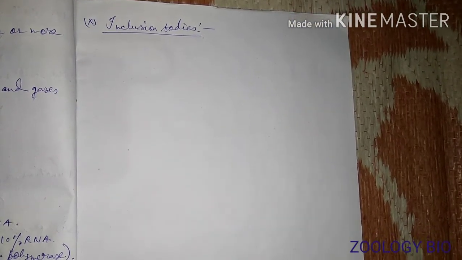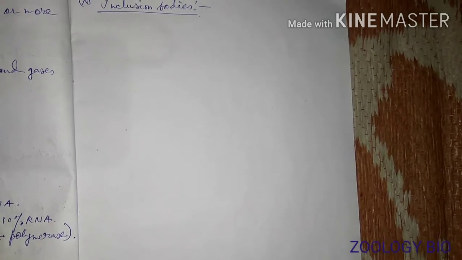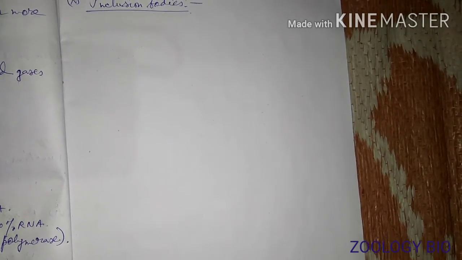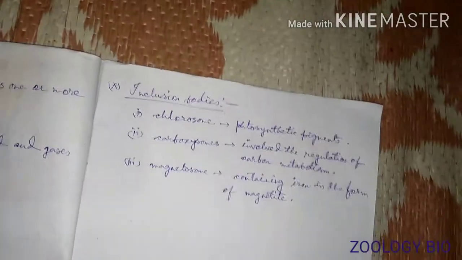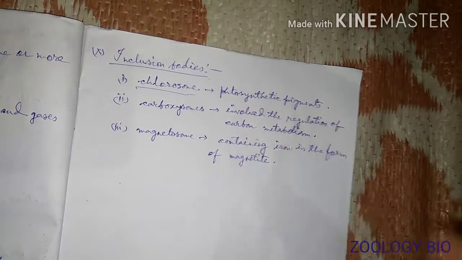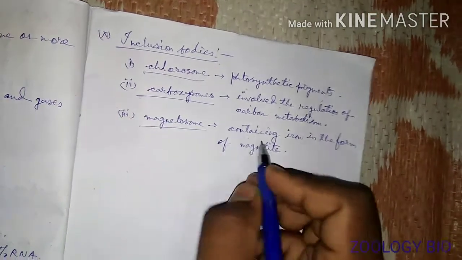Some are enclosed by membrane, including chlorosomes, which contain photosynthetic pigments, carboxysomes involved in the regulation of carbon metabolism, and magnetosomes, which contain iron in the form of magnetite, while some are devoid of membranes, including glycan granules, crystals and paracrystalline granules.